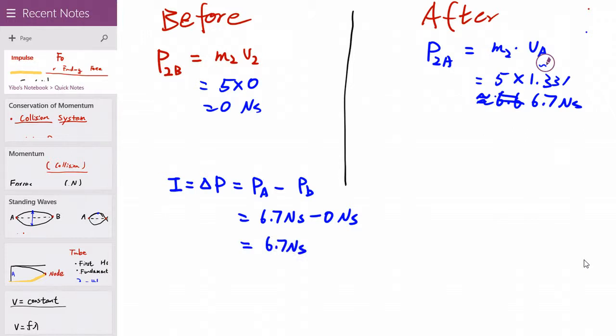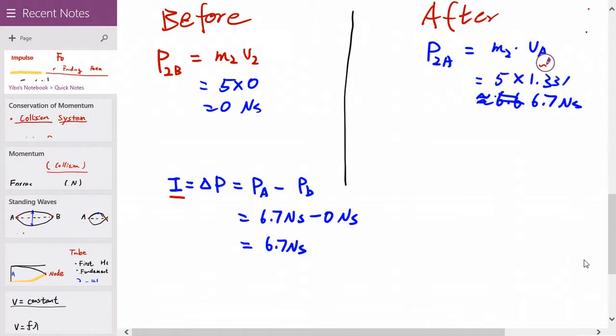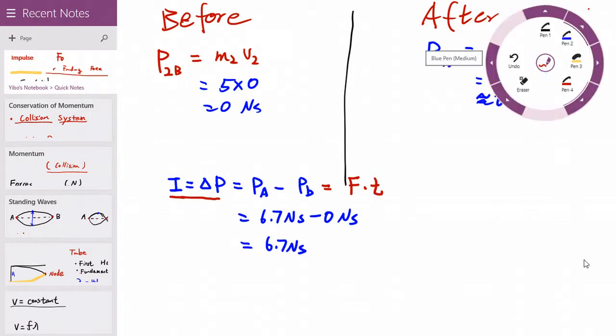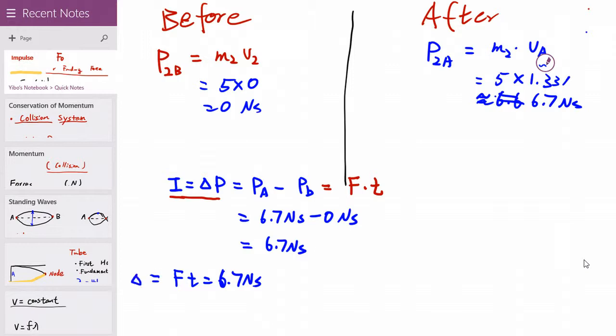Then remember the equation. Impulse equals change of momentum, which is the same as force times the time. So force times time equals 6.7 Newton seconds.